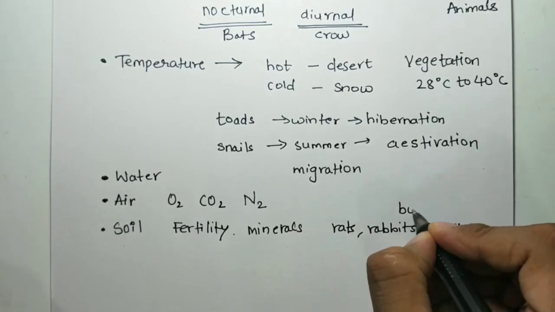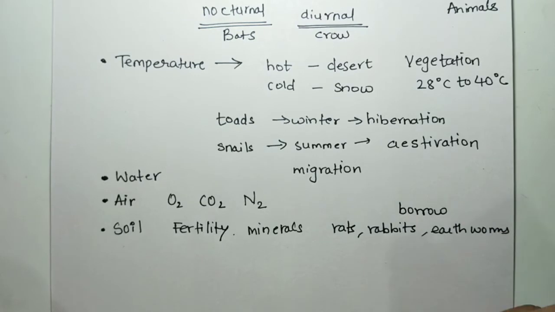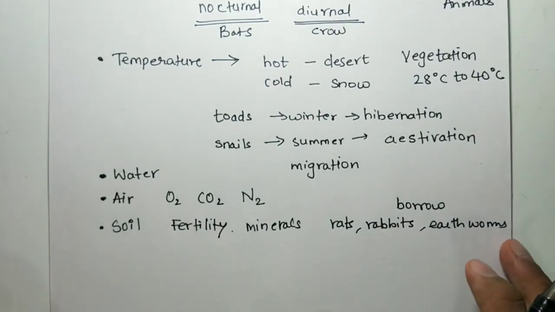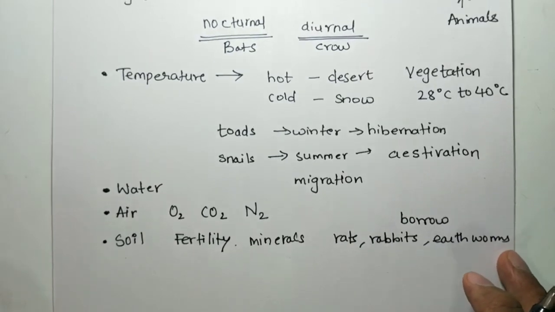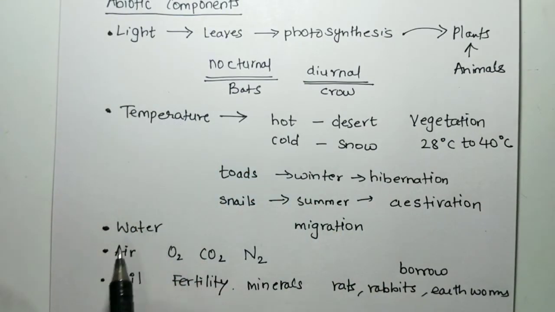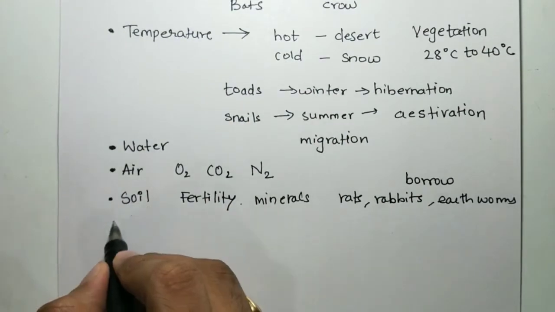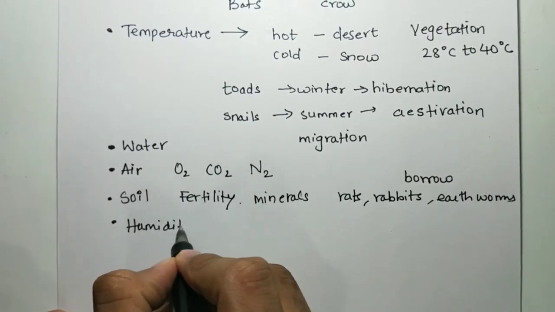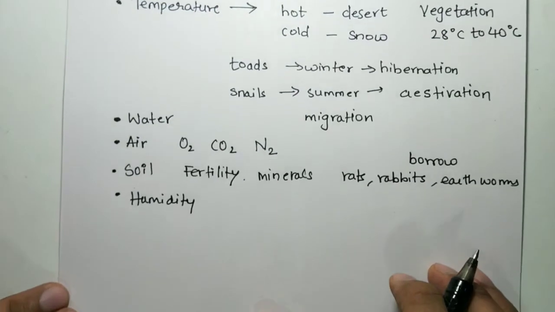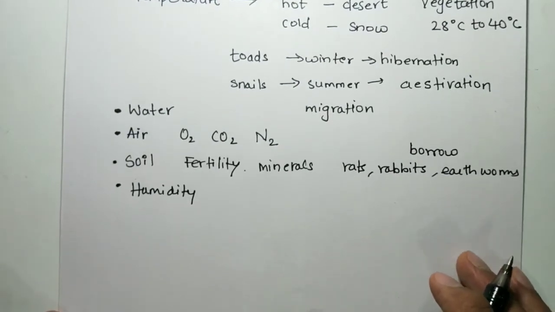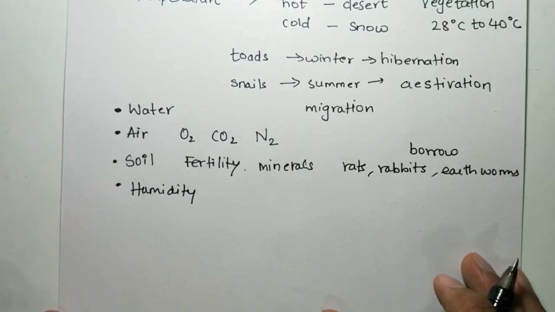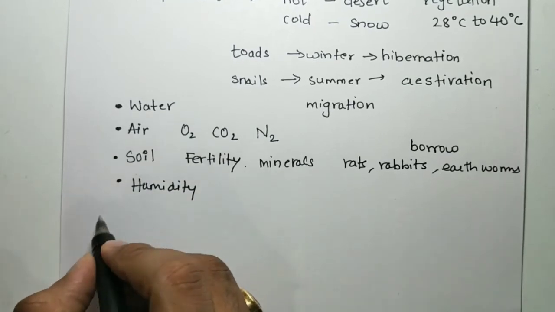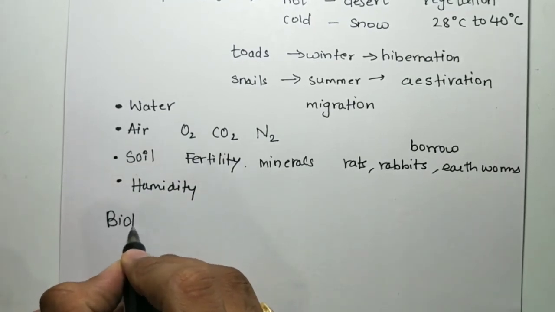Okay, they burrow. Burrow means they make holes and they stay inside the soil. Okay, these are the abiotic components, 5: light, temperature, water, air, soil. There is one more component, not so important, but yes, you can say humidity. Humidity is another component which affects transpiration.